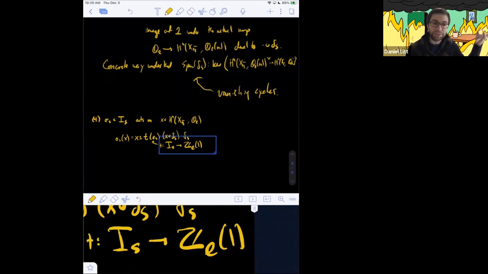So this IS is the absolute Galois group of a Laurent series field. That's given by extracting roots. All finite extensions of the Laurent series field are given by extracting roots of t. So the Galois group is given by sending t to t times a root of unity, and if you take the inverse limit of those, you get Z hat of 1, the inverse limit of the roots of unity.